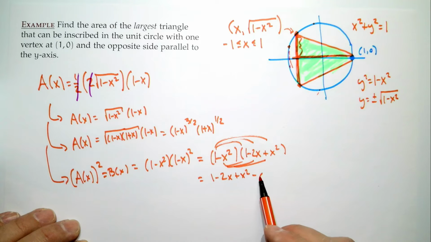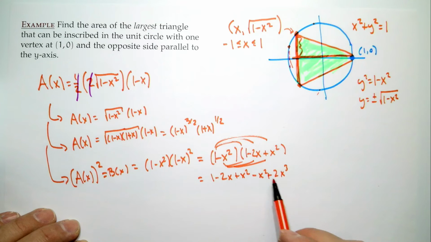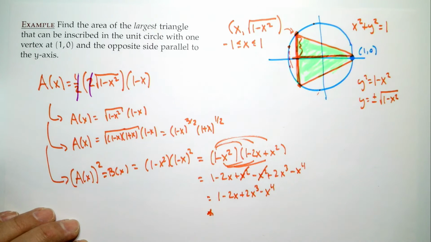So that would be minus x squared, plus 2x cubed, minus x to the fourth. You can clean this up ever so slightly. You might notice that you have an x squared and a minus x squared. They will end up canceling. So you have 1 minus 2x plus 2x cubed minus x to the fourth. And that's the simplification.